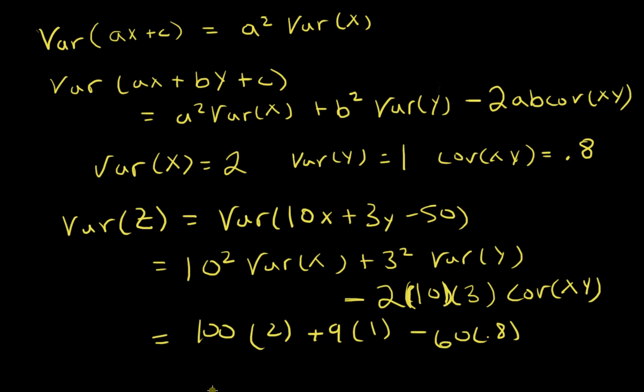So I have 200 plus 9 plus 60 times 0.8, and I get 161. All right, your variance of your linear combination better be positive. If it's not positive, then you have a problem. All variances are always positive.